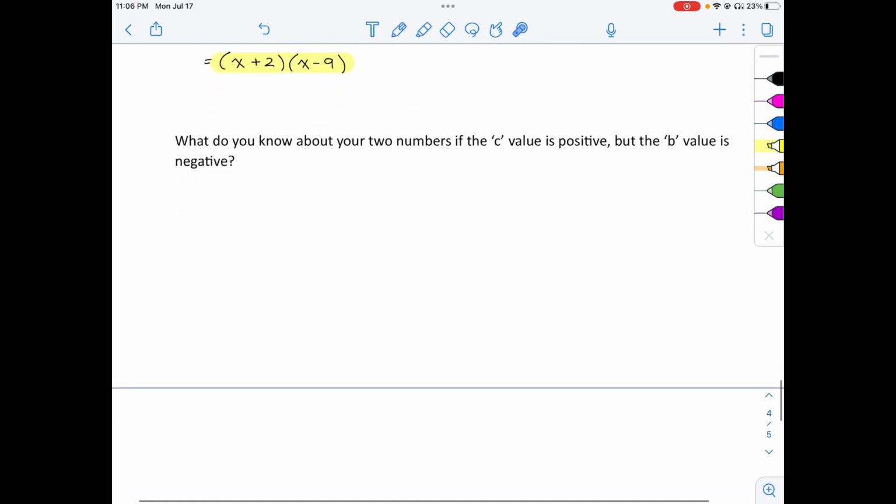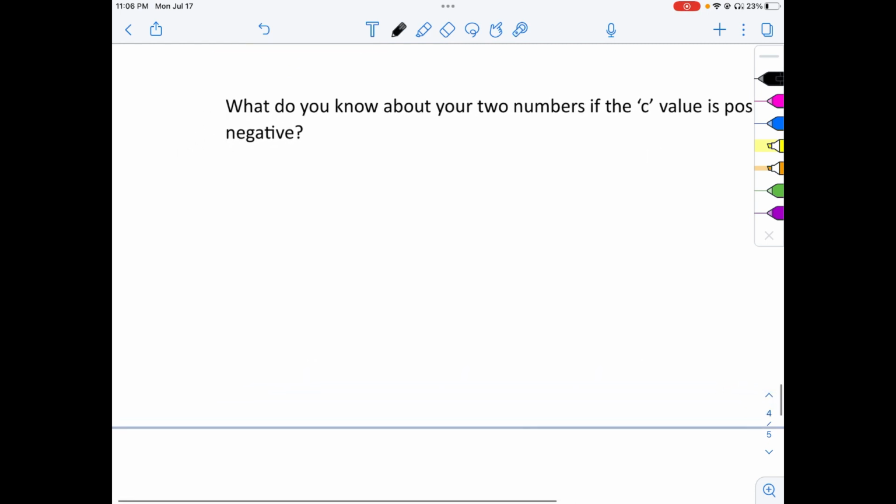One more example that we will look at is what to do if your C value is positive, but your B value is negative. I'm just going to try to make up an example here. I forgot to write one down.